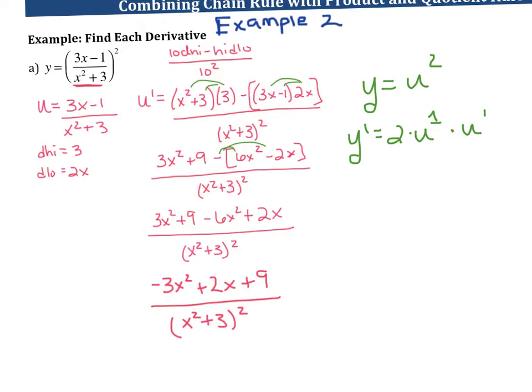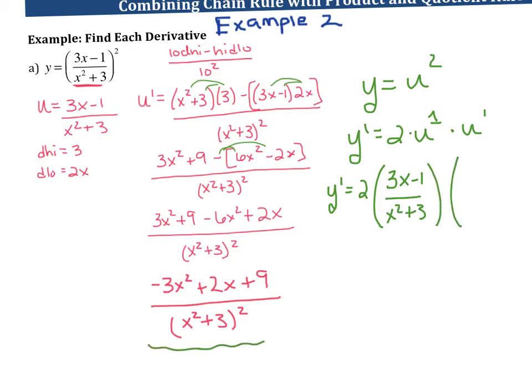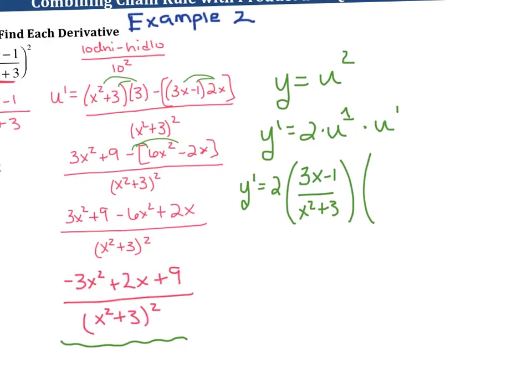So I get y prime equals 2 times (3x minus 1 over x squared plus 3) times the derivative of u, which is all this massive craziness right there, (negative 3x squared plus 2x plus 9) all over (x squared plus 3) quantity squared.